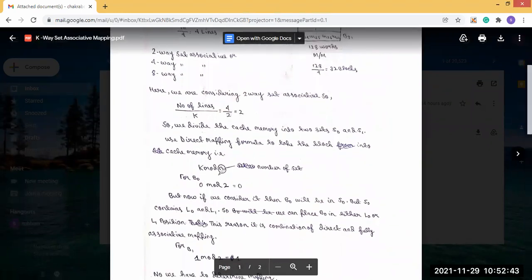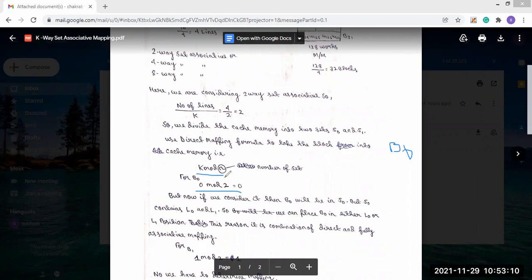Now let's say the B1 block is required. Sorry, not the first block; let's say the B0 block is required. So for B0, the K value will be 0 here. We want to know in which set block 0 should be placed.